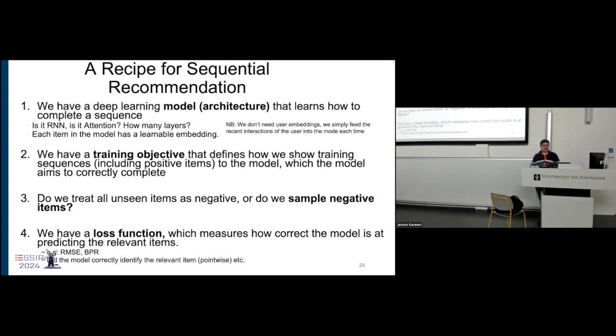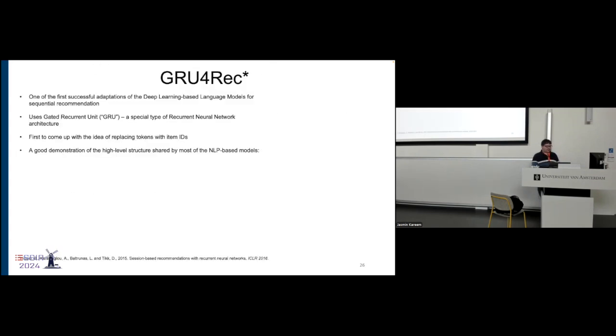There are some others, and I hope that Harry will tell you a lot in the subsequent lecture about what other loss functions there are for optimizing. But basically you can choose something from each of these components, and this gives you a recommender model, right?